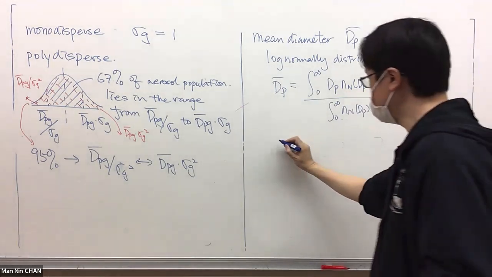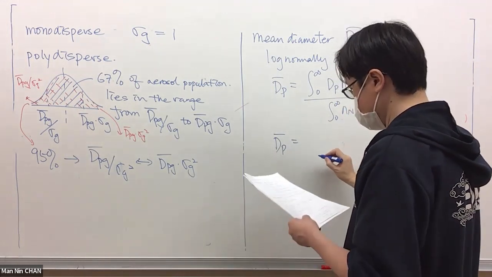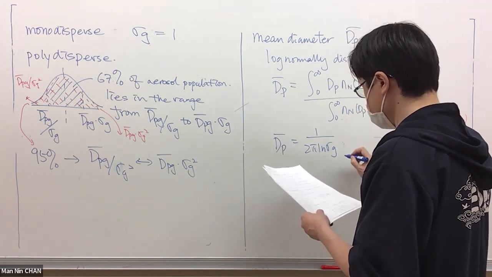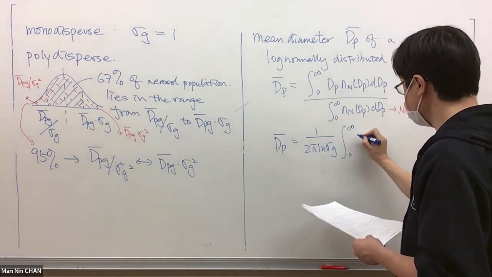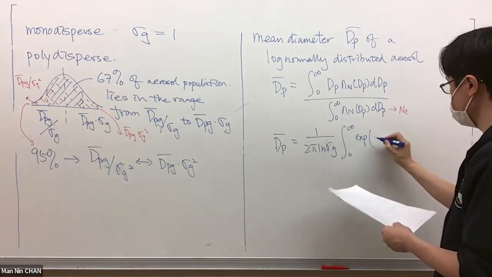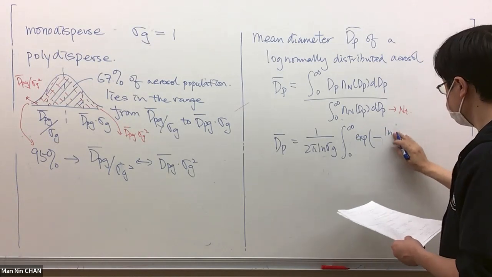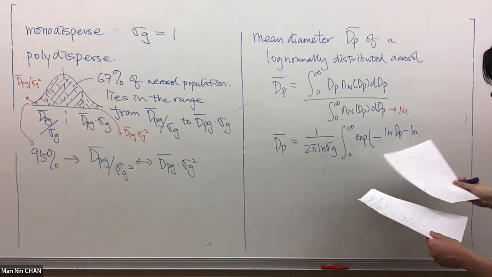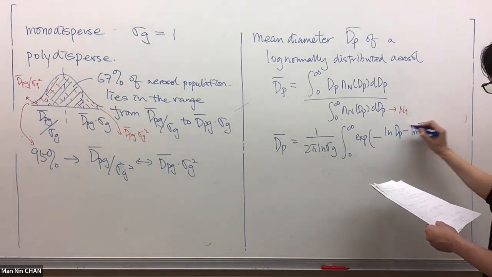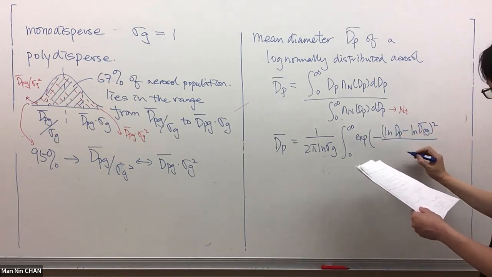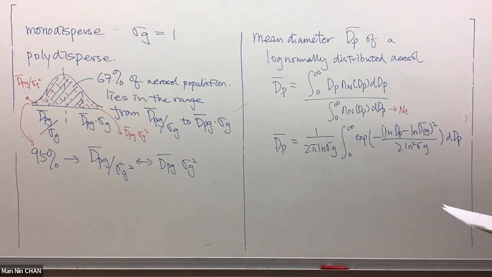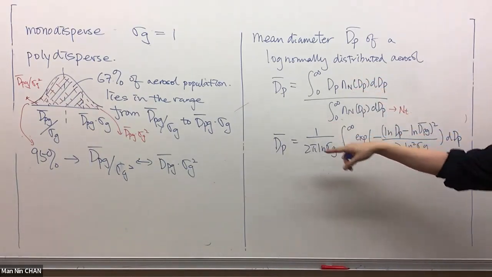So therefore, if you're doing this, basically you just substitute the function into this integral, and then you take out the constant.